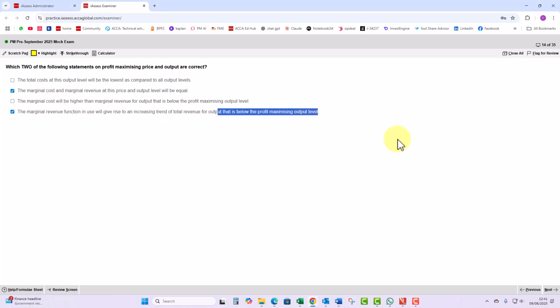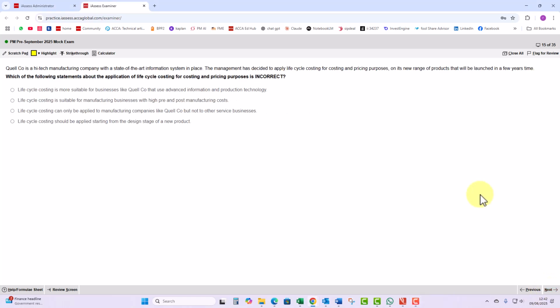So at the point where output is below the profit maximizing output level, the marginal revenue is positive at that point. So therefore, the trend is that the total revenue will keep increasing as the output increases, because that marginal revenue is positive. Let's move on from that very confusing wording.